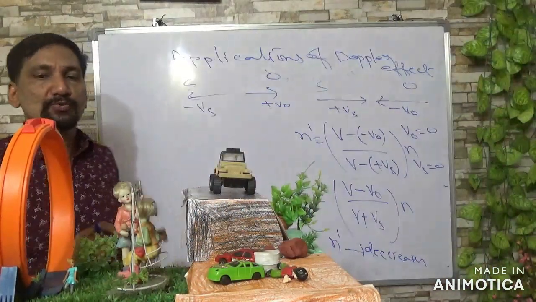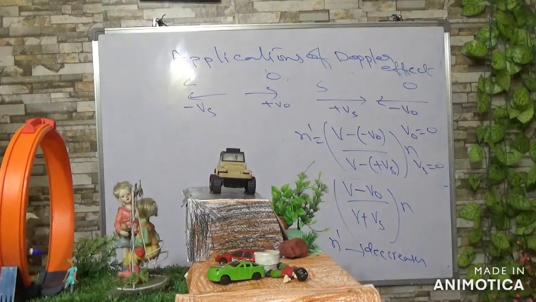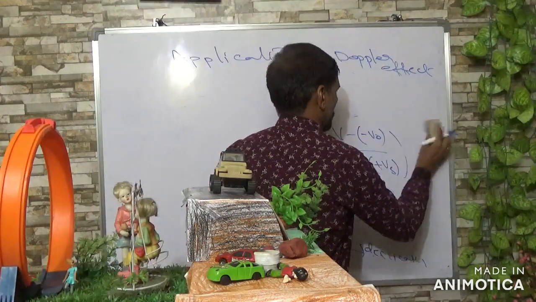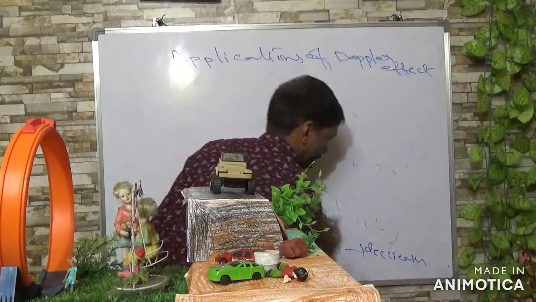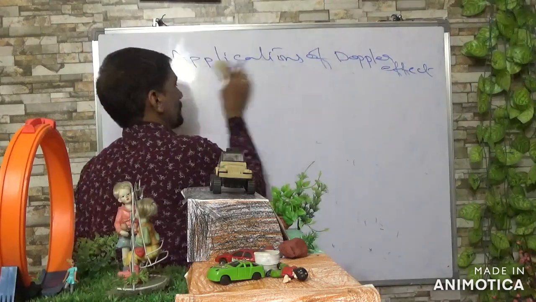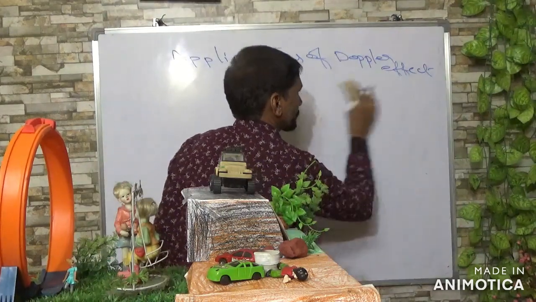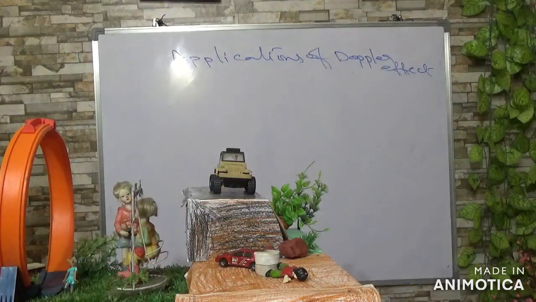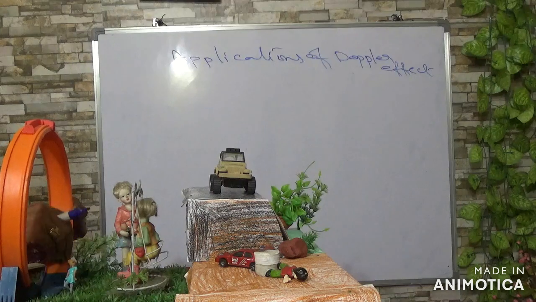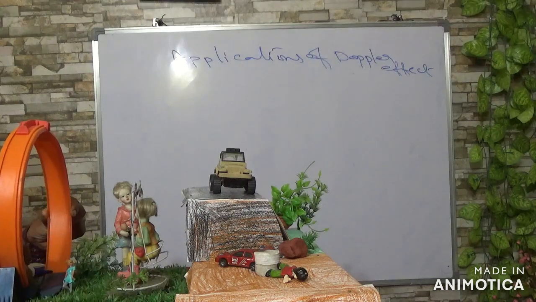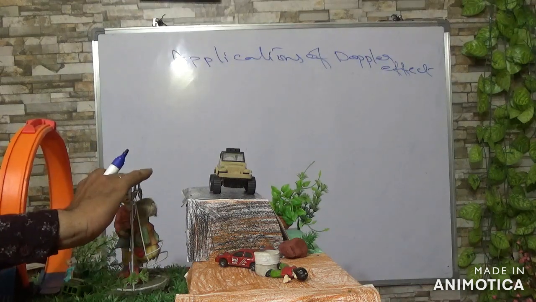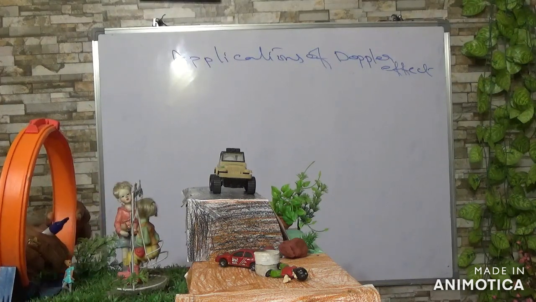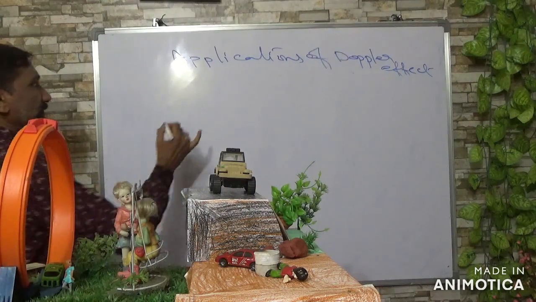Now next one, about circular path. Say there is one source moving in a circular path and an observer standing at a point.